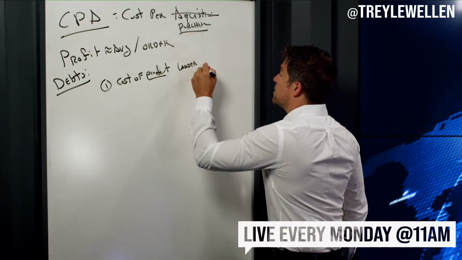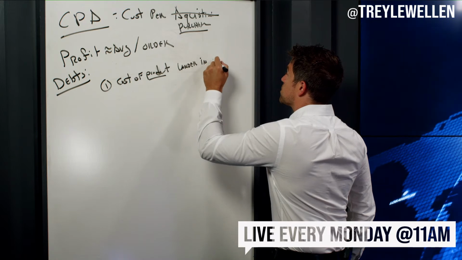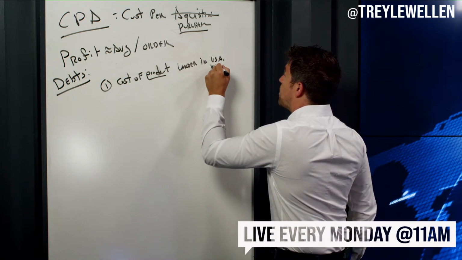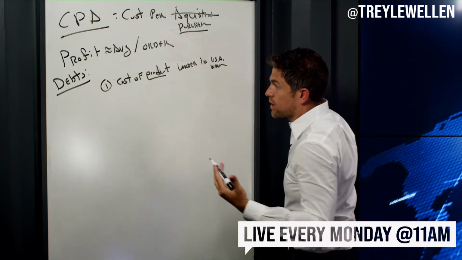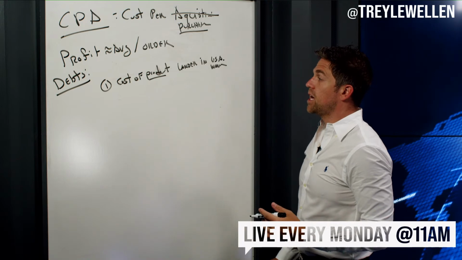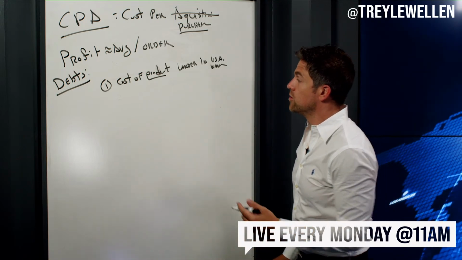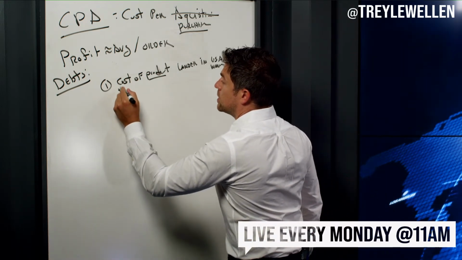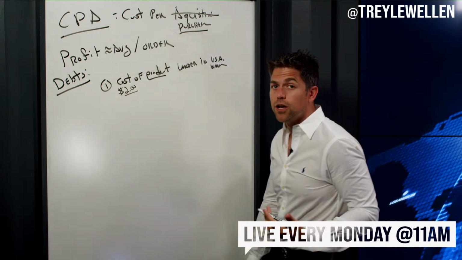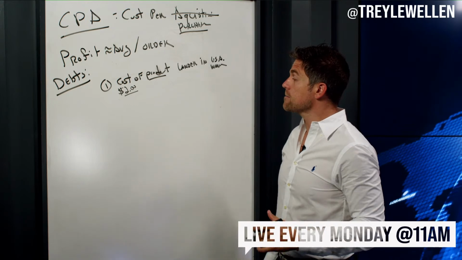Maybe you're getting it from China, or maybe from the USA. So what is it landed at your warehouse? How much did you pay per calculator, since we're on that subject? Maybe I pay $2 for the calculator, so my cost of the product is $2. That's how much it costs me. But I'm going to sell that calculator for maybe 40 bucks, okay?